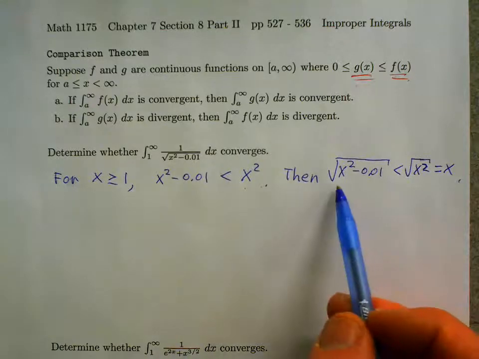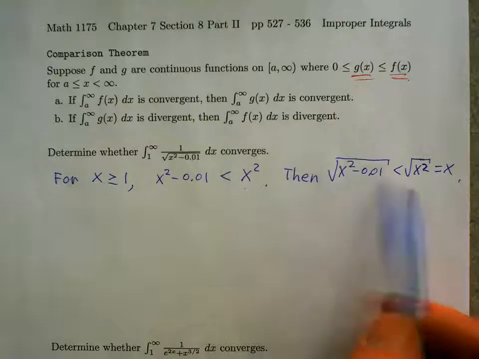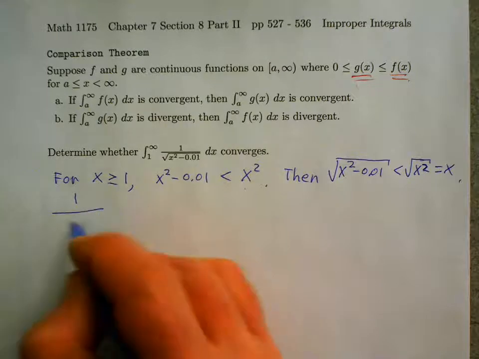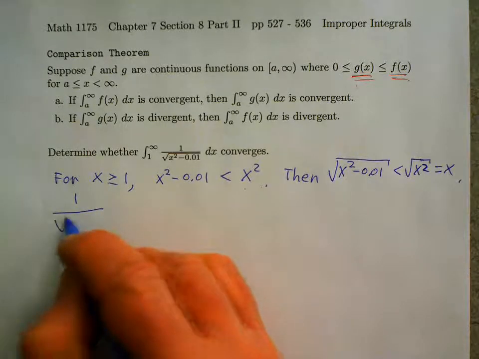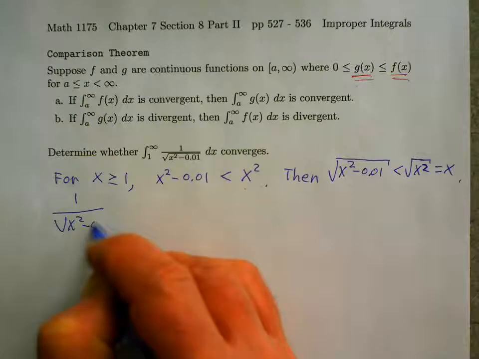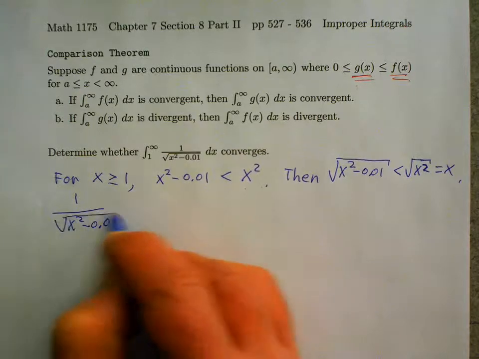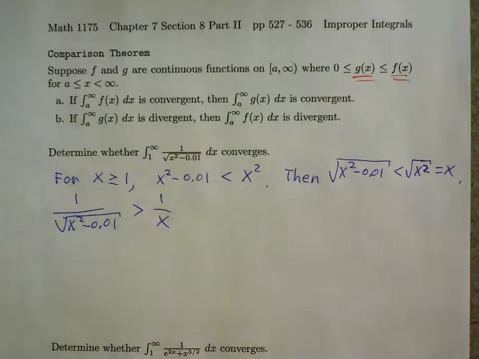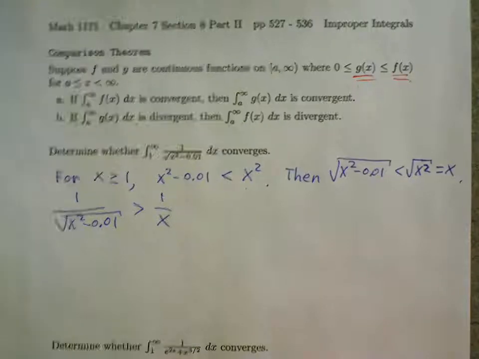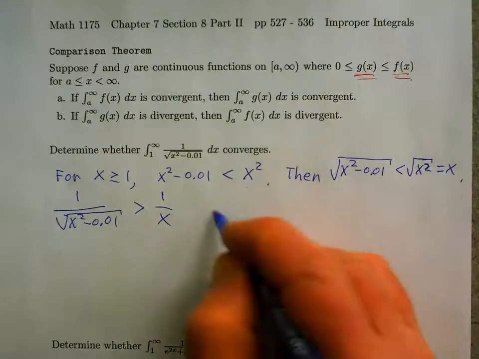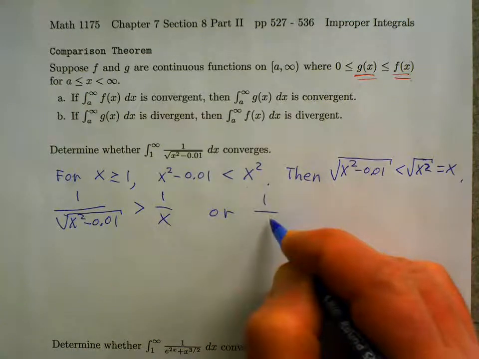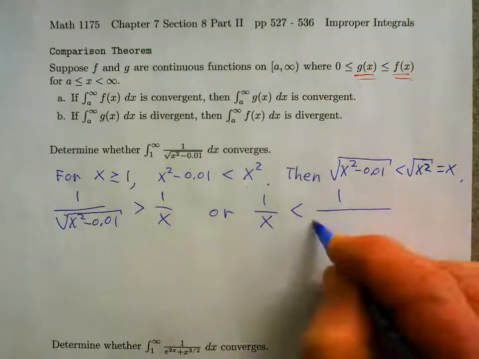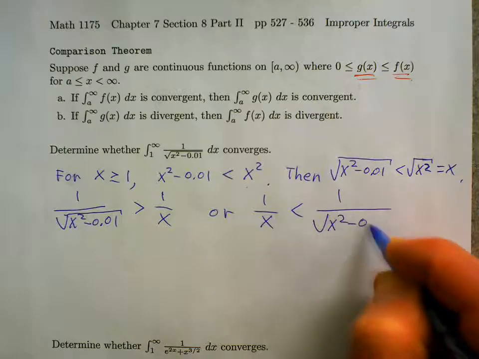So this number, the square root of x squared minus 0.01, is less than x. That means that the reciprocal of the number on the left, 1 over the square root of x squared minus 0.01, is greater than 1 over x. Or equivalently, 1 over x is less than 1 over the square root of x squared minus 0.01.